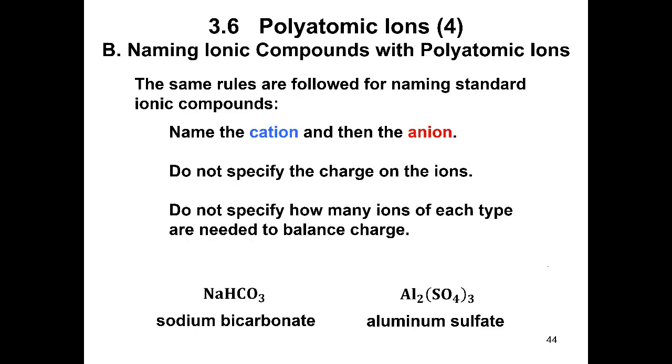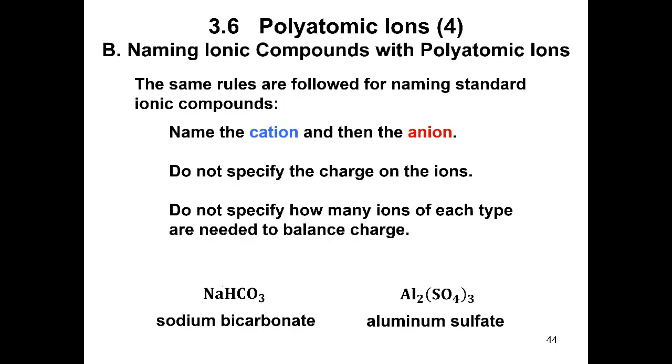You follow the same exact rules for naming as you did in just the regular ionic compounds. You name the cation exactly the same. You don't specify charges unless you have a variable charge on your metal. And you just write the name of the ion. And remember, I give you those in a chart, so you're already going to know that. So all you're doing is writing that down.